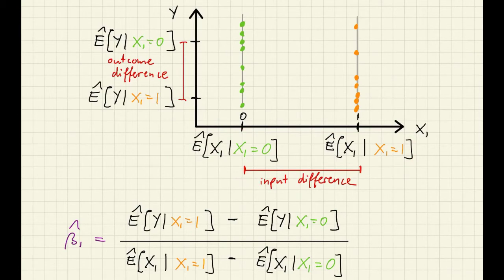Or if you have two groups of mothers with different numbers of children, an intuitive way of estimating the effect of having an additional kid on the intensive labor margin is to take the difference in weeks worked between the two groups and divide it by the difference in the average number of children.